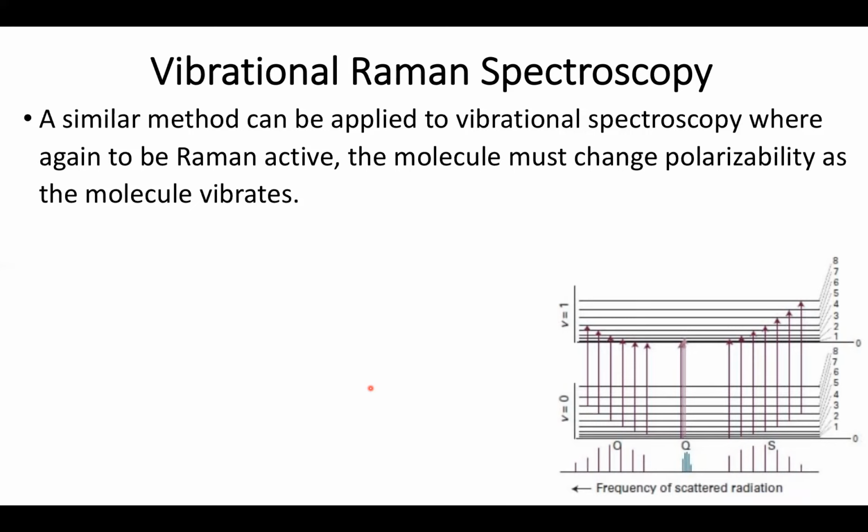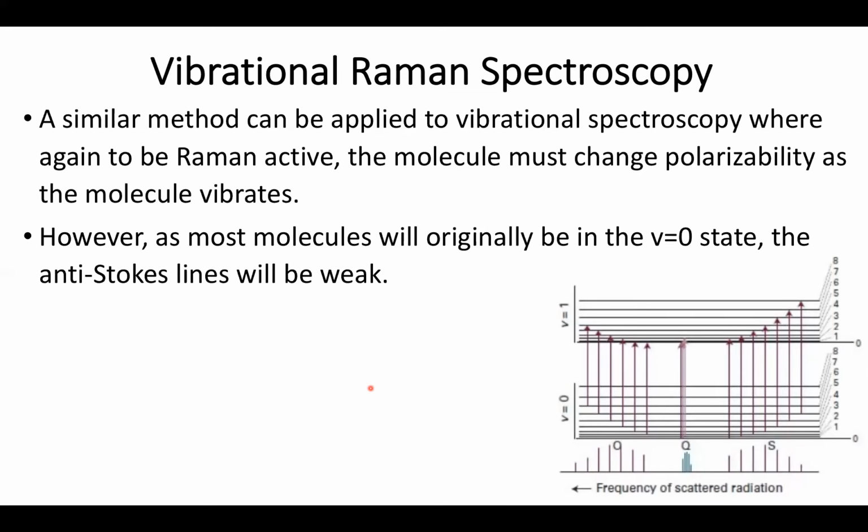But there's also another important difference between vibrational Raman spectroscopy and rotational Raman spectroscopy. In rotational Raman, we are often occupying J equals 1, 2, 3, 4, 5 states. For vibrational Raman, we're pretty much just in the V equals 0 state, which means I can't go any lower.